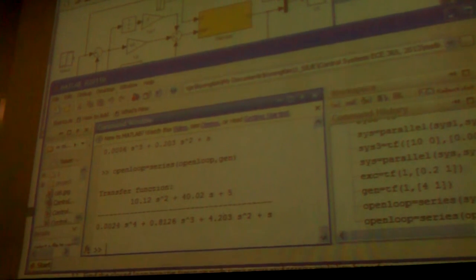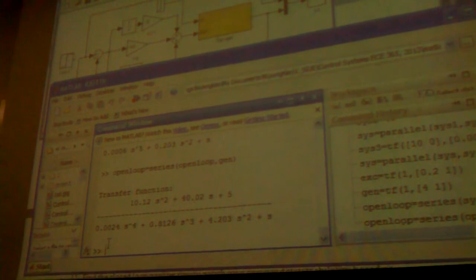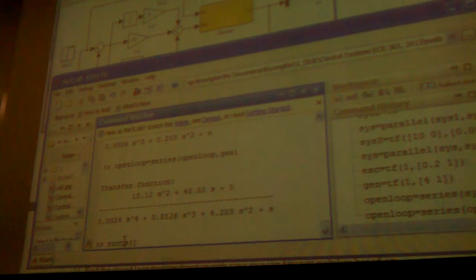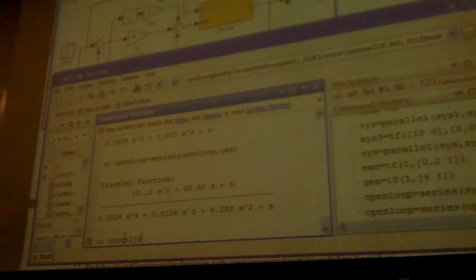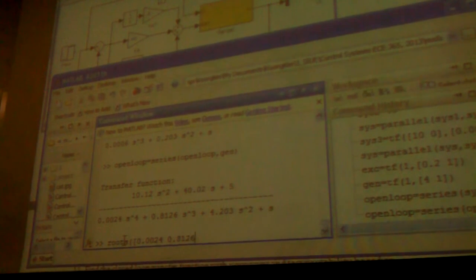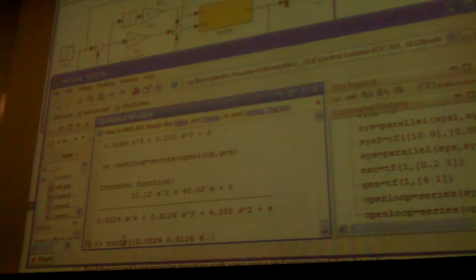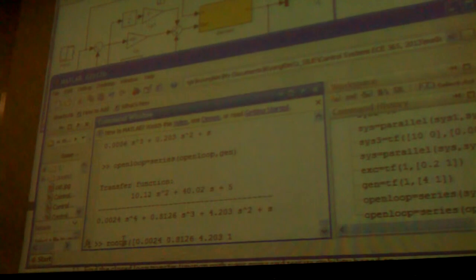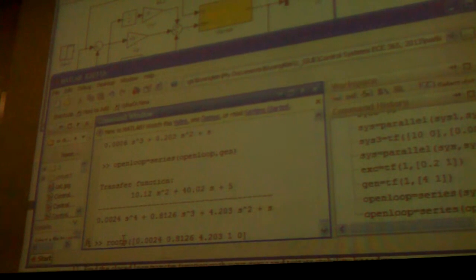Okay, now let's have it. So I'm going to have the open loop denominator coefficients, and that's for you, right?